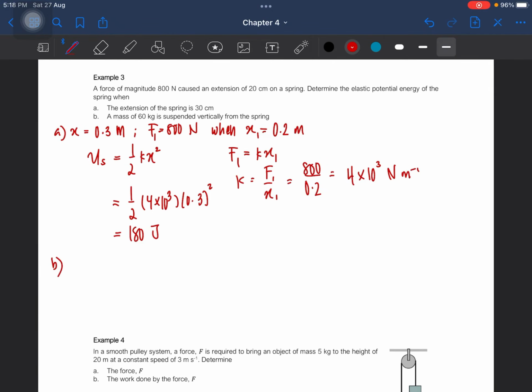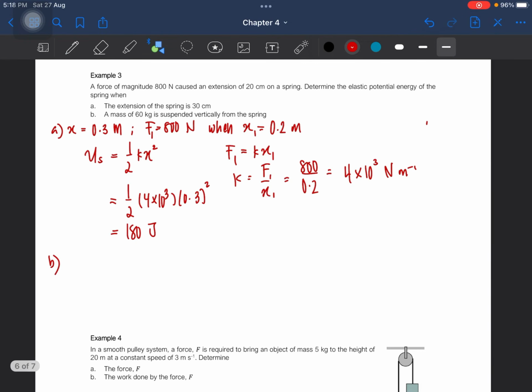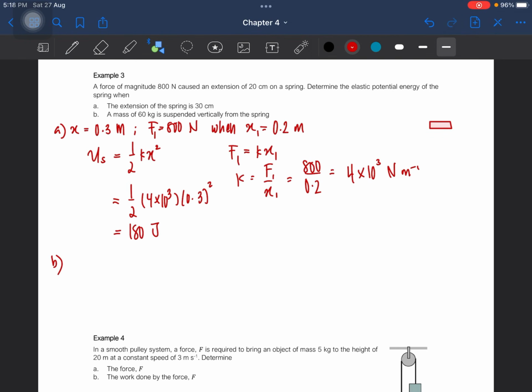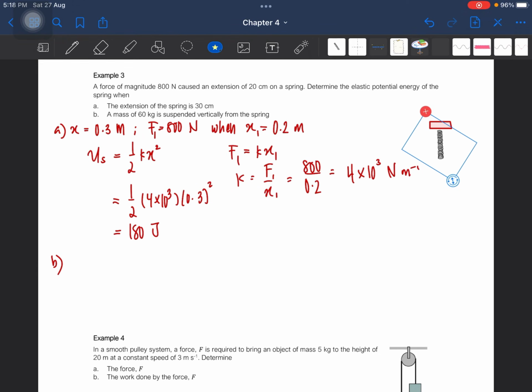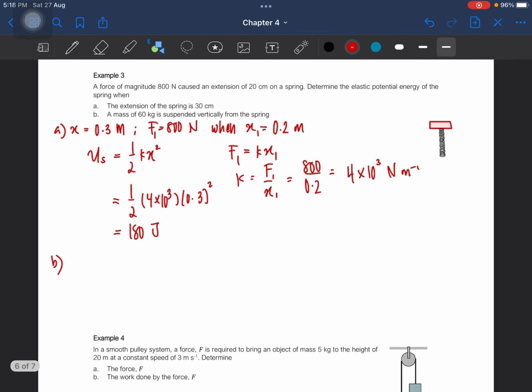Okay. Question B pula, a mass of 60 kg is suspended vertically from the spring. So this is the thing. Then this is our spring. This is the spring. And then ada object at the bottom here.